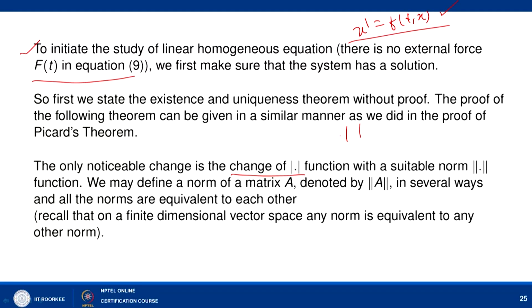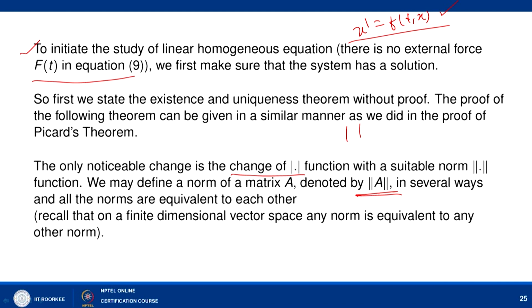So, here we can restate the existence and uniqueness theorem. The only change we are going to consider is the change in the distance function, that is the modulus function. In place of the modulus we are going to use the norm function. The only noticeable change is the replacement of the modulus function with a suitable norm function, and we may define a norm of a matrix A, denoted by norm of A, in several ways, and all the norms are equivalent to each other.